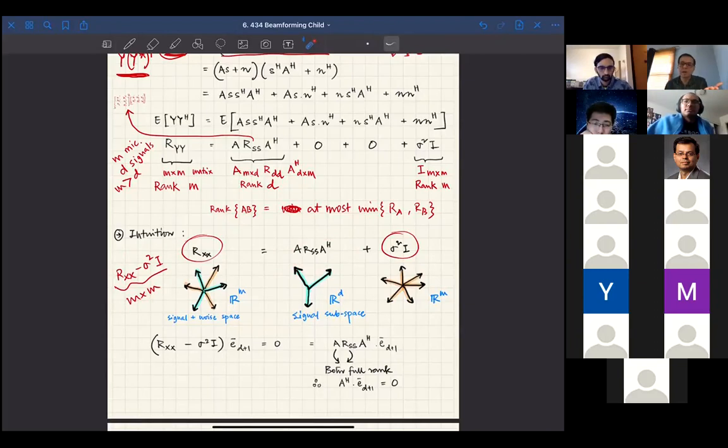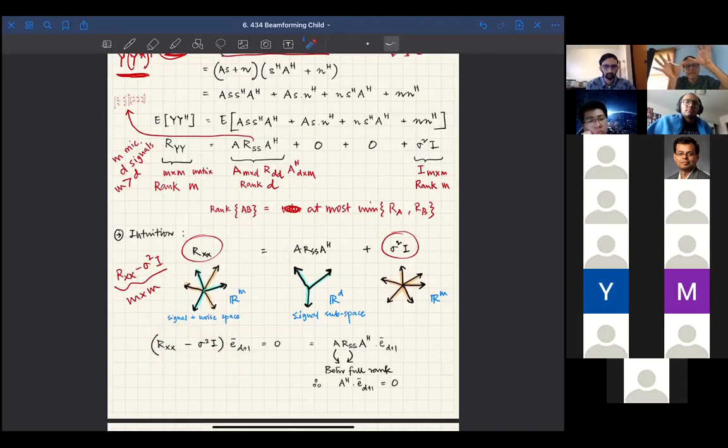What did it tell me? It tells me that if you think of this M-dimensional space for Rxx, when you subtract the noise, you've made it D-dimensional. That means in this matrix, there is a D-dimensional subspace in which the signal lies, and the rest of it is the noise subspace.